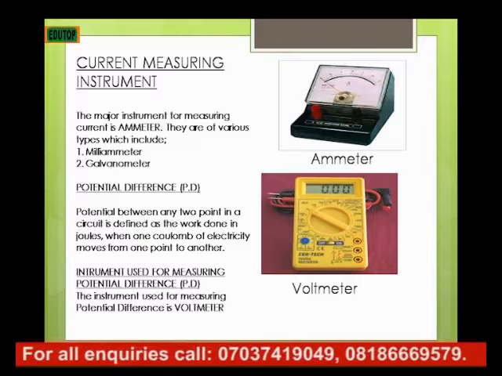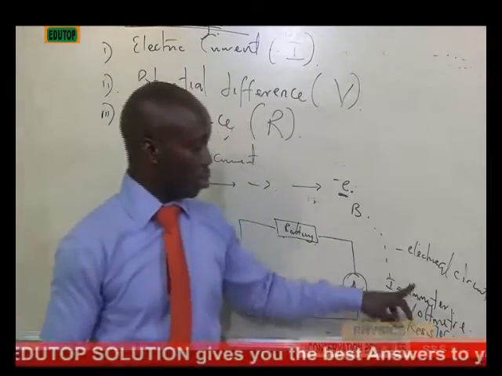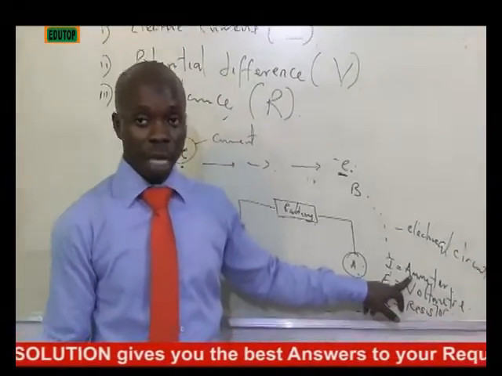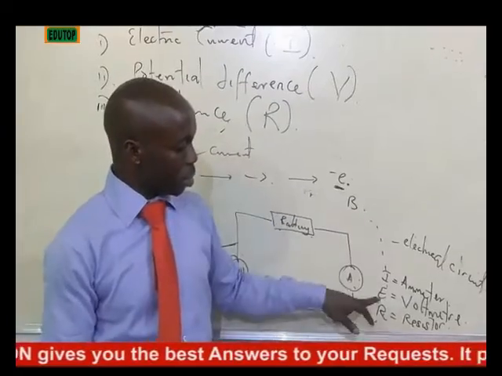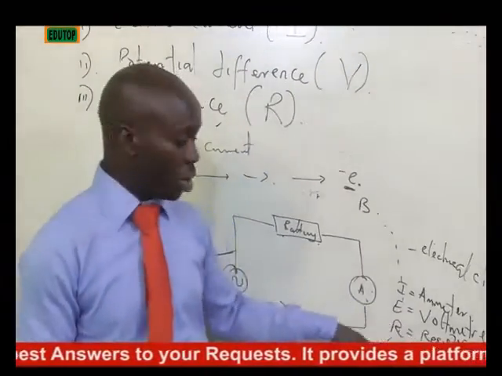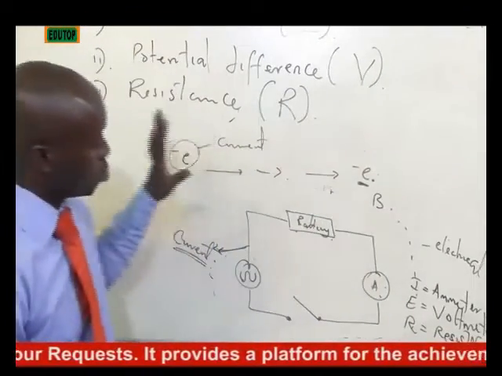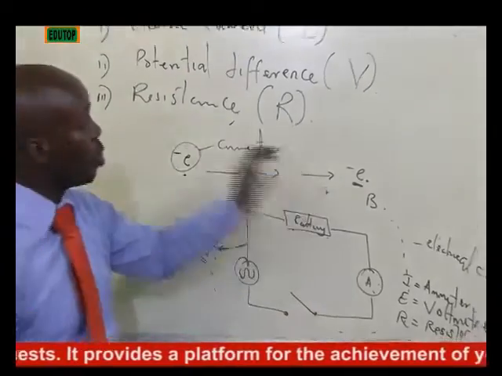Your resistance is measured with your resistor. So if you measure current, you will be making use of an ammeter. If you measure EMF, you will be making use of an instrument called a voltmeter. And if you measure resistance, you are making use of a resistor.